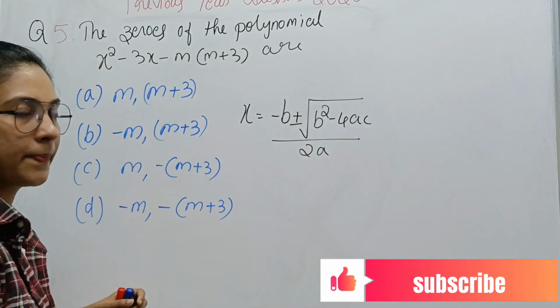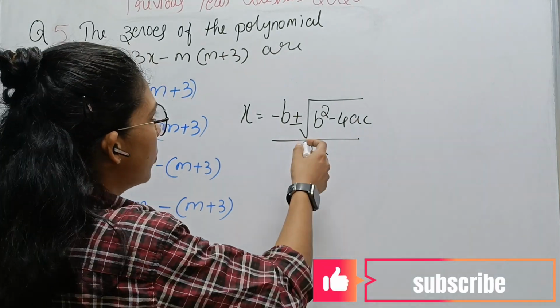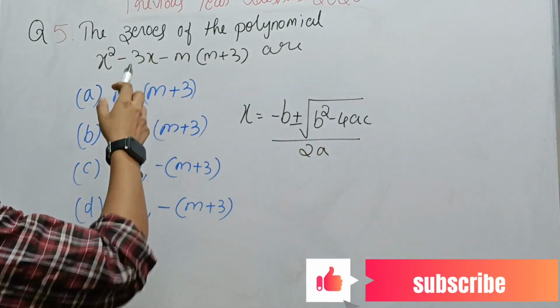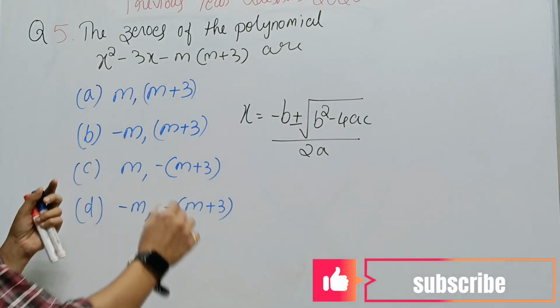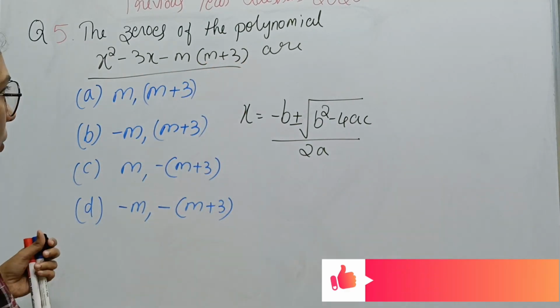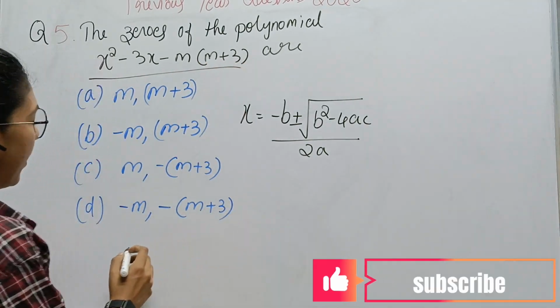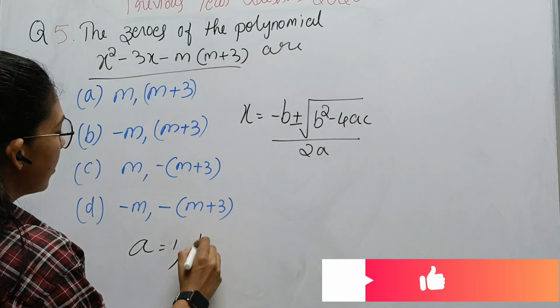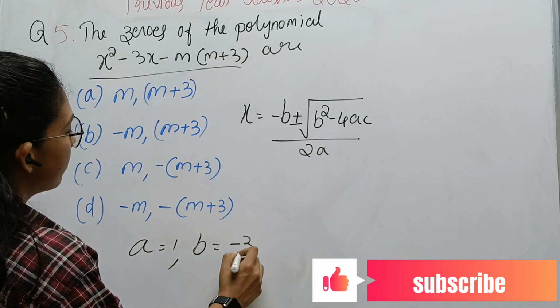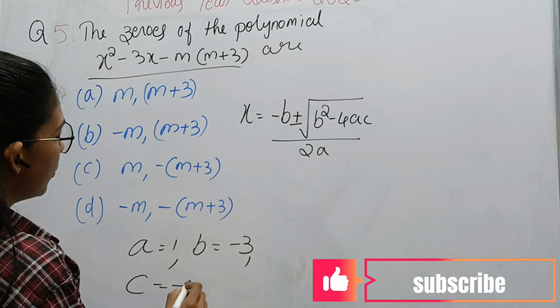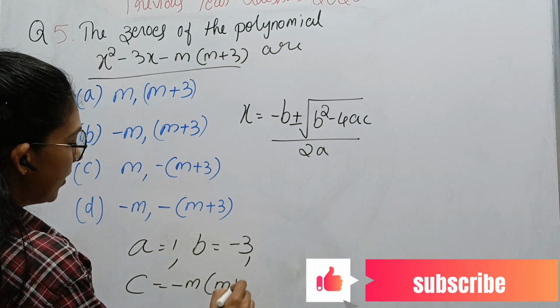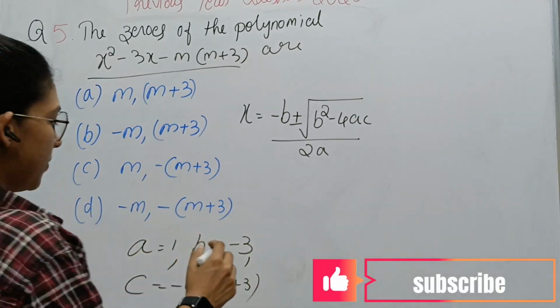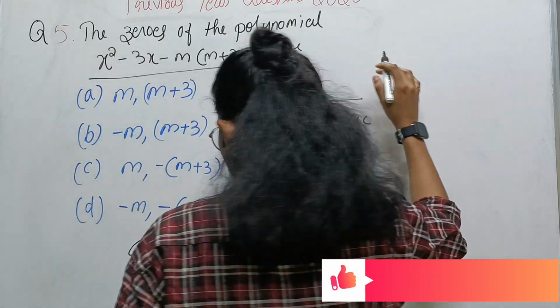Okay, so by using this relation we have to find out the zeros of this polynomial. Okay, so here what is a? A is equal to 1, b is equal to minus 3, and c is equal to minus m into m plus 3. So let's substitute, that is minus b.